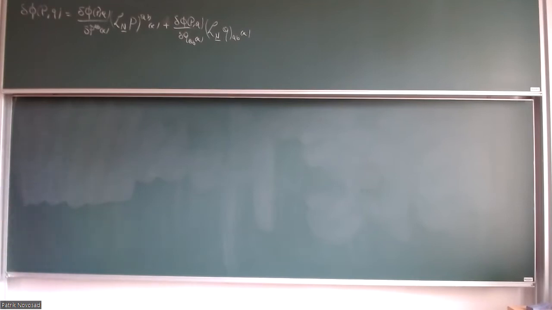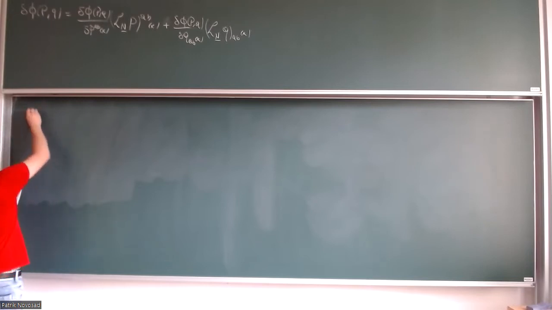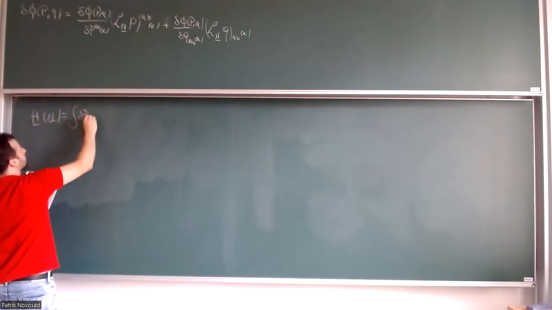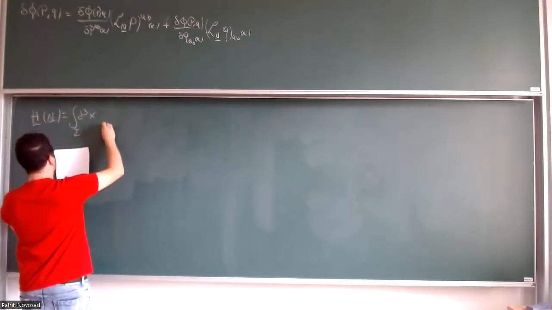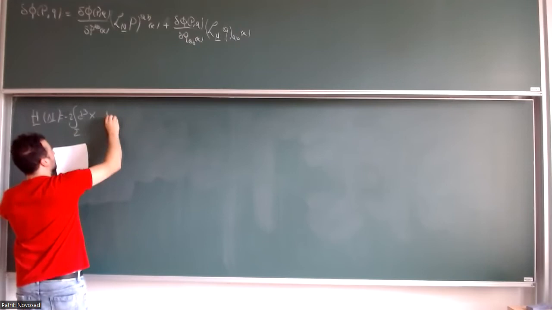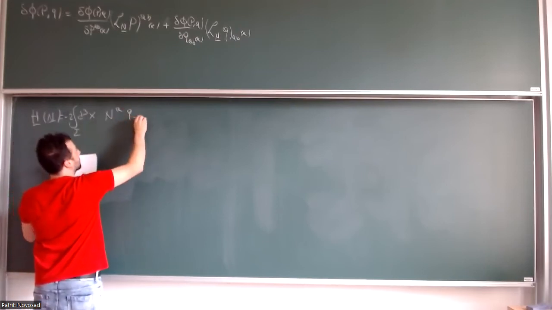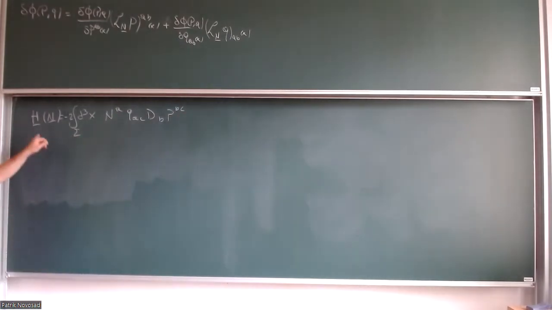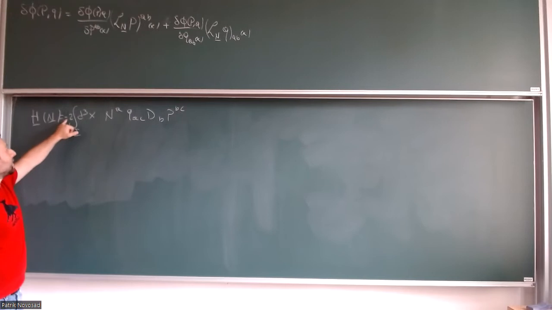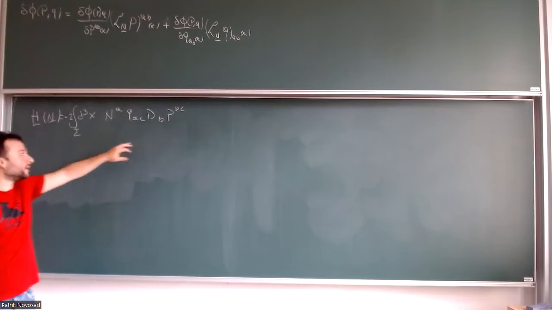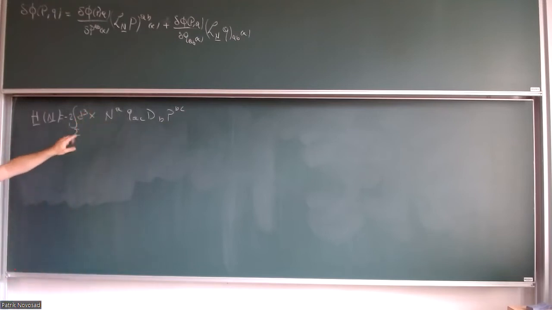But lastly, I need also another formula. That is this here, the constraint is exactly, where H_a was exactly -2 q_ac D_b p^bc, without the integral and n^a, of course.